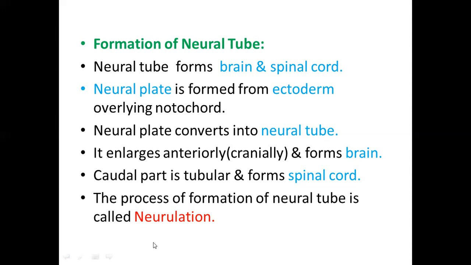So during this phase, we can say the embryo is passing through the neurulation phase. It means the neural plate is formed, then the neural tube is formed, all taking origin from ectoderm. Just the area of ectoderm overlying the notochord is recognized as the neural plate, forming the final neural tube. And this neural tube forms the brain most cranially and the spinal cord most caudally.